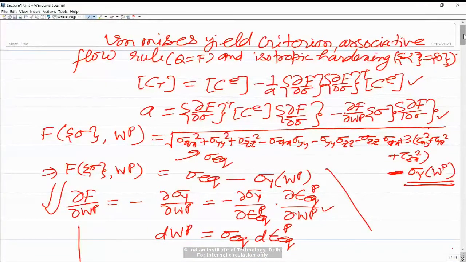Yes, you are right. I think I just missed that. Here there should be CE. Correct, thank you for pointing this out. Others also please make a note that there is a CE here.